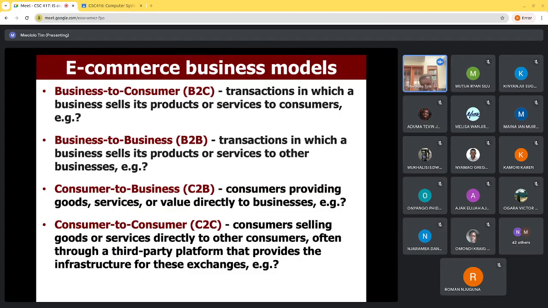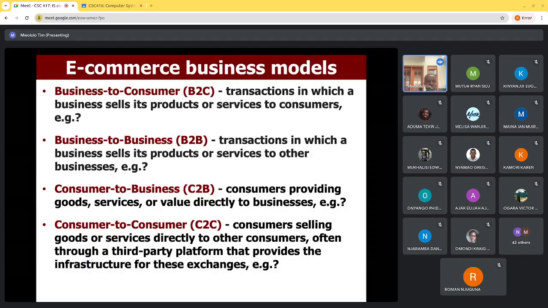Okay, any other question, comment? So the answer to the earlier question was that you can combine these business models. So as you think about your future e-business that spans across the globe or several countries, you have to think, what combination of business models will I adopt?